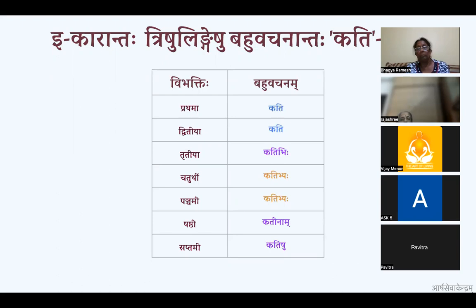If there is a visarga followed by a p or pha, that is the only time you will use fa. Otherwise in Sanskrit it's only pha. Pa, pha, ba, bha. So kati phalani santi, pancha phalani santi.